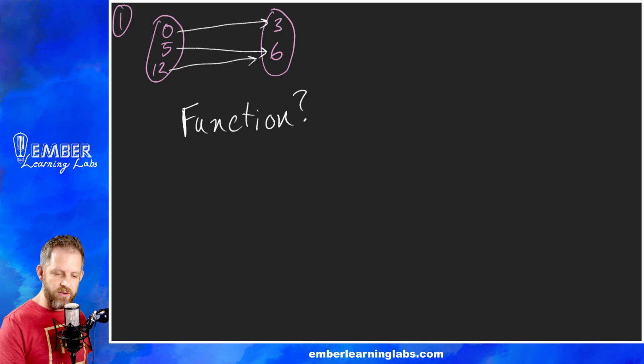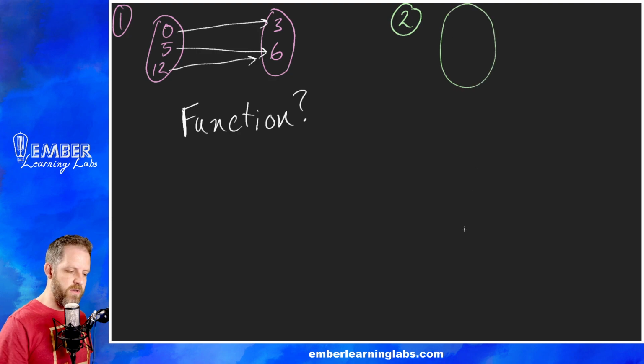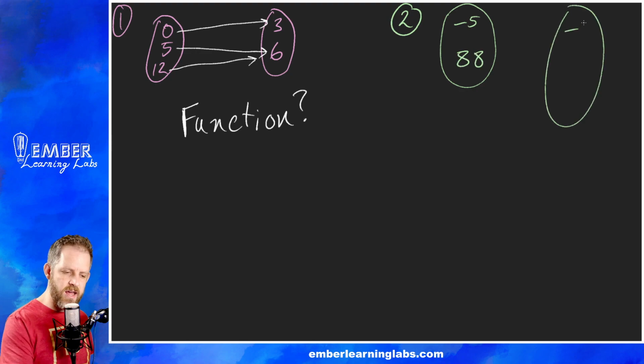Now, I'm going to write another one up here. Let's do a different color. Let's do a green one. Example number 2. We're going to do this one a little bit differently. Let's do one where the domain is -5, 8, 8 and the range is -2, 6, 12. And let's compare these two.